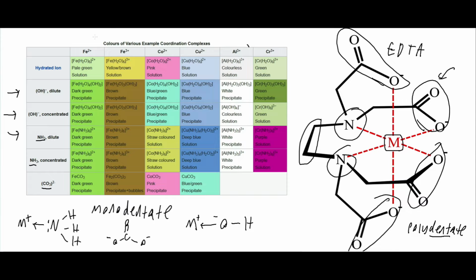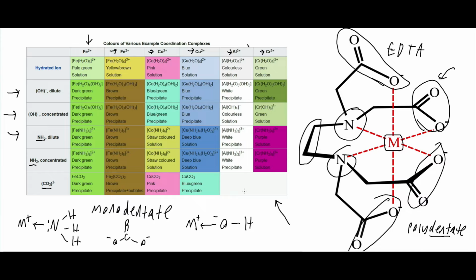And this is just looking at when they bind to either iron in the 2 plus state, the 3 plus state, or cobalt, or copper, or aluminum, or chromium. It actually turns the solutions into these colors, the colors that we see on the table here. That gets into what I was talking about earlier with ligand field theory, and I'm not going to go too deeply into all that because that is a huge rabbit hole.